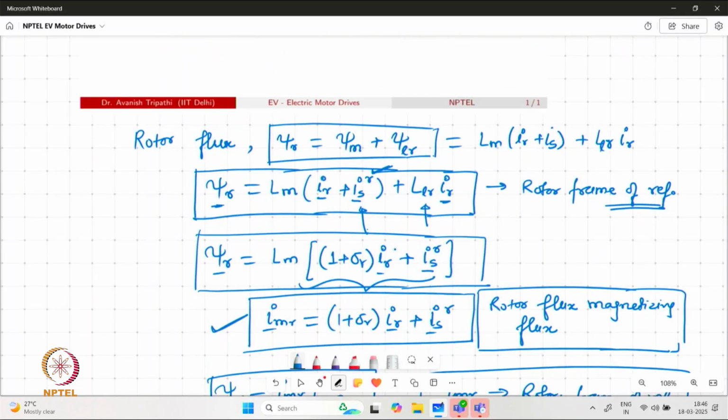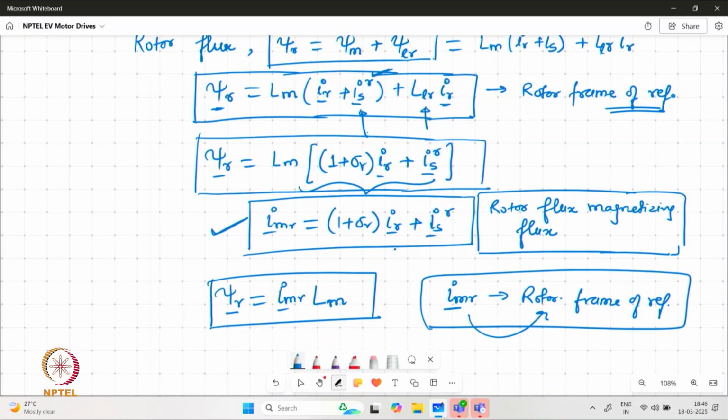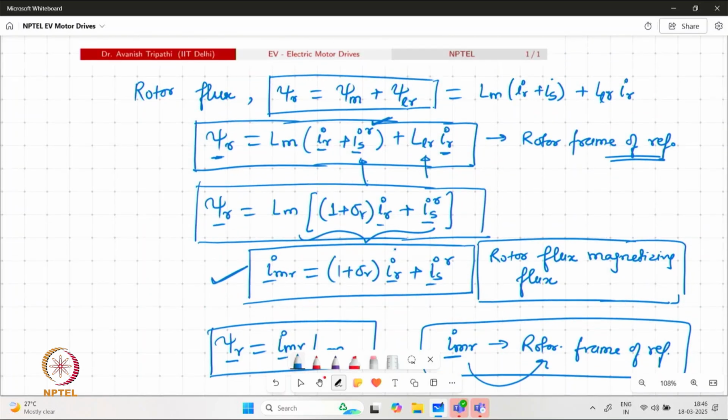On the similar lines, we have gone further to define the rotor flux, which is basically sum of the magnetizing flux and the leakage flux on the rotor side, and we have introduced the corresponding terms in terms of inductance and the current.